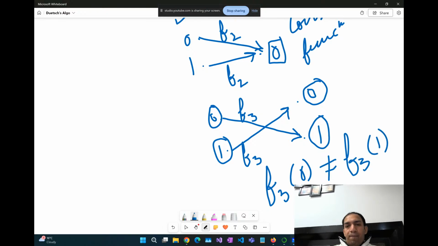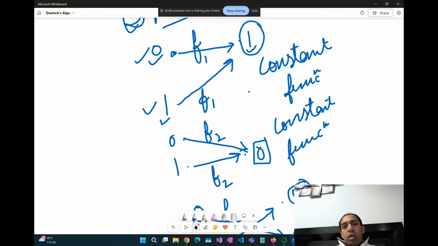Whereas in terms of mathematics, the constant functions can be written something like that: F1 of 0 was equal to F1 of 1, right?